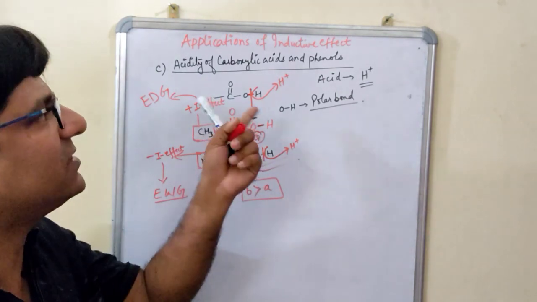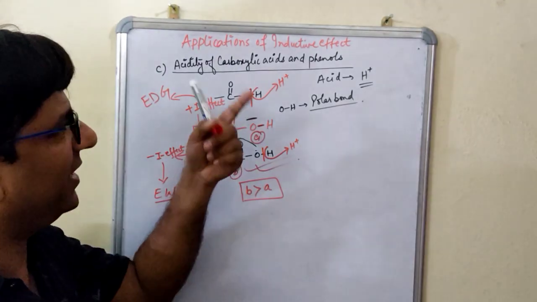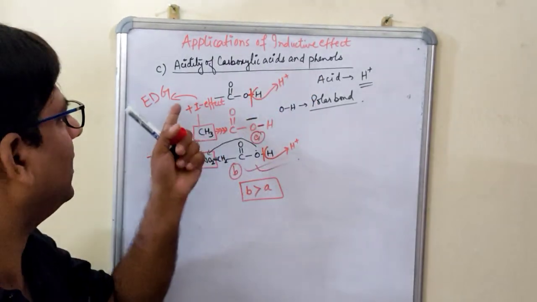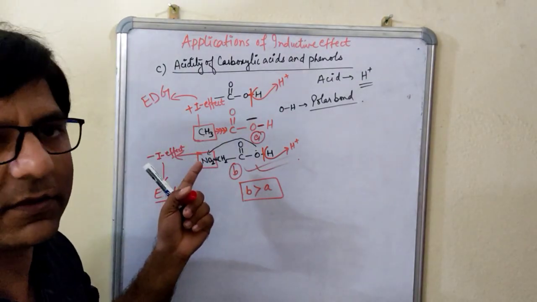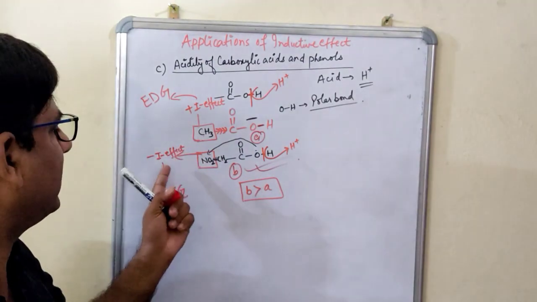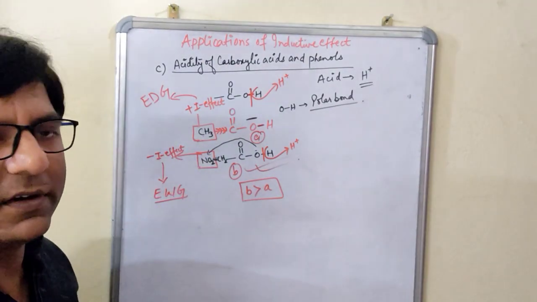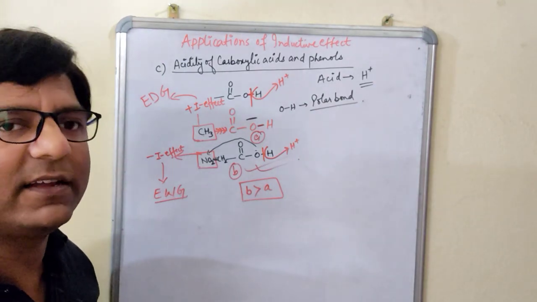Because phenols themselves are weakly acidic. There also the acid strength depends upon the nature of the substituents, what kind of substituents you have attached to the phenol, whether it is electron donating or electron withdrawing. Depending upon that, it will increase or decrease the acidic strength of the phenol.